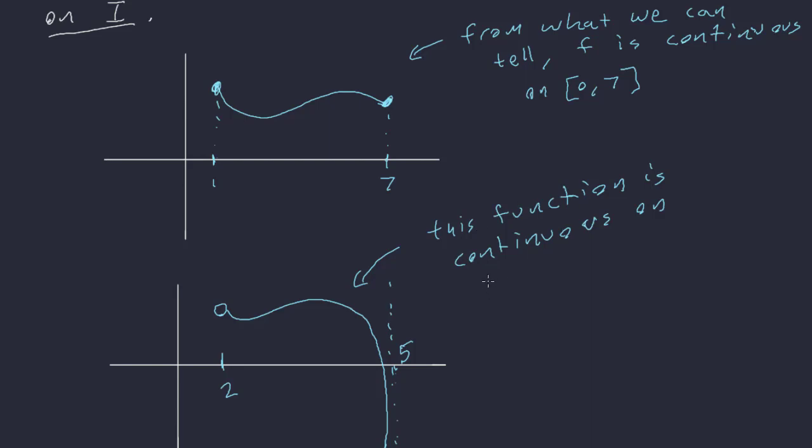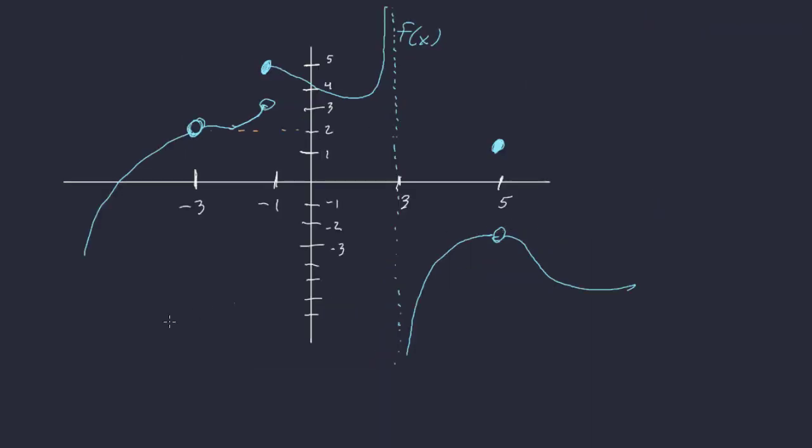So what we would say is that this function is continuous on 2 to 5. Notice how we use the open parentheses here and the closed here. We can use the closed because it's going to be continuous from the left and the right.